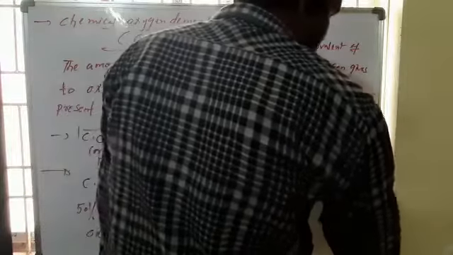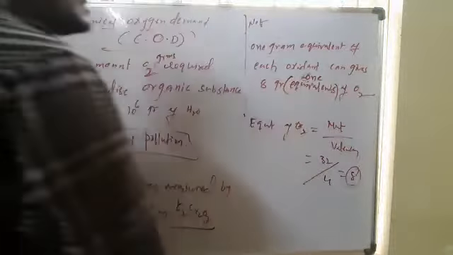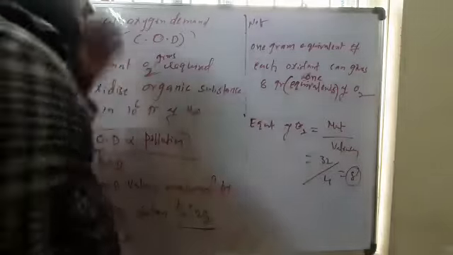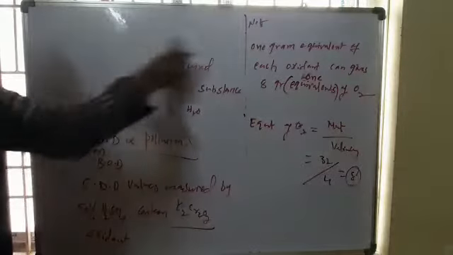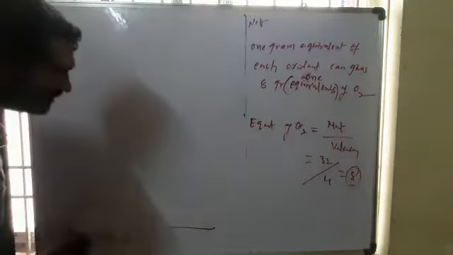For O2, molecular weight is 32 and valency for each oxygen is 2, for 2 oxygens 4, so 8. So the equivalent weight of oxygen is 8. So 1 gram of every oxidant can give you 1 gram equivalent of oxygen.